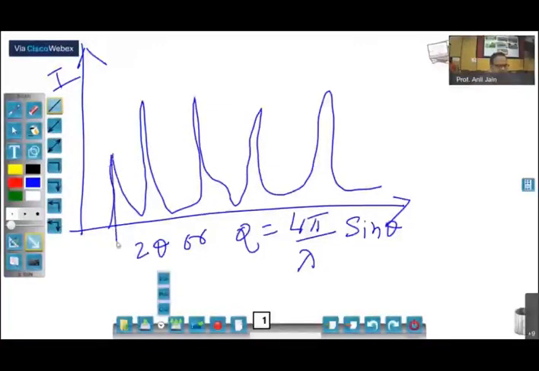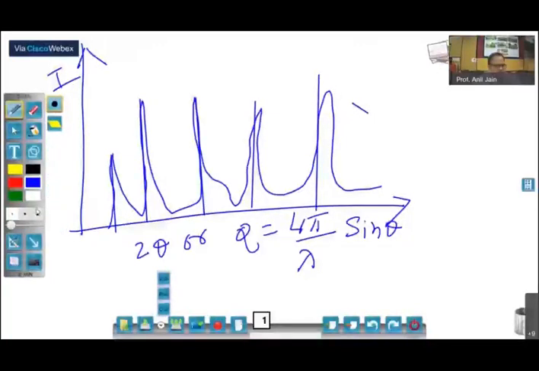You can fit these peaks. You know Bragg's law, which is 2d sine theta equal to lambda.